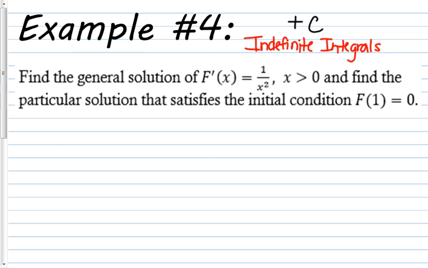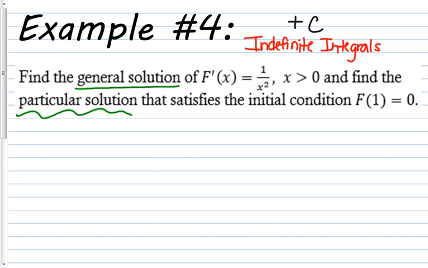So when I'm told to find the general solution, that means I'm actually going to figure out what c is and write the equation whole, not with a constant of integration. And the way we do that is they give us a particular solution.